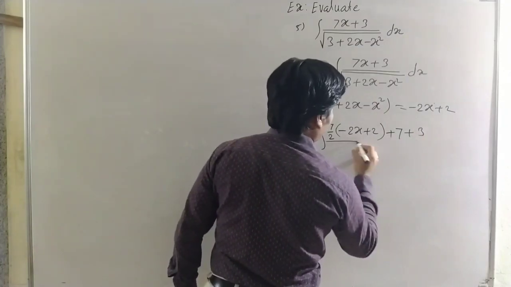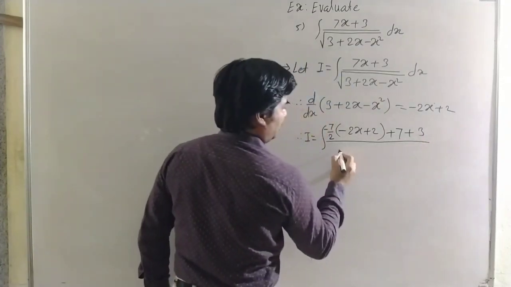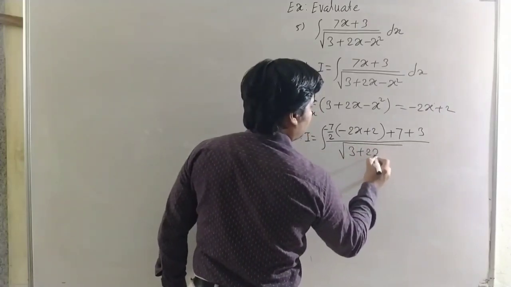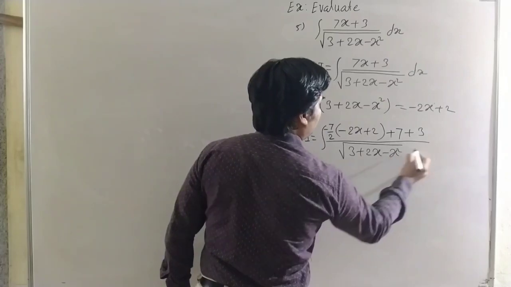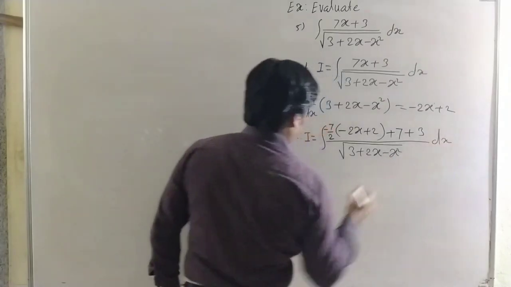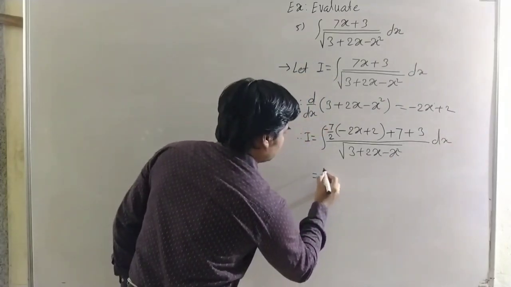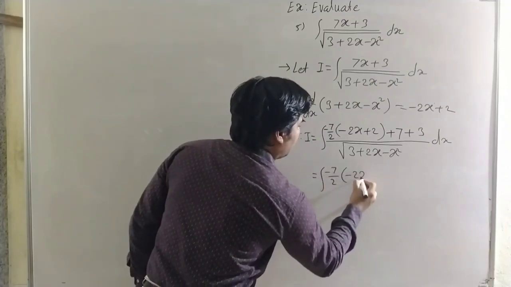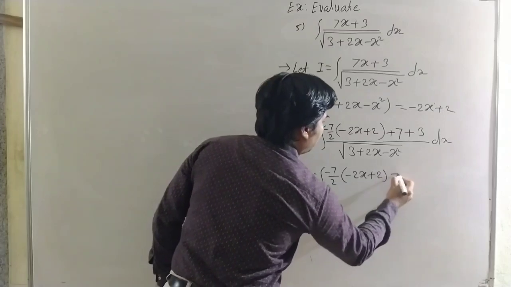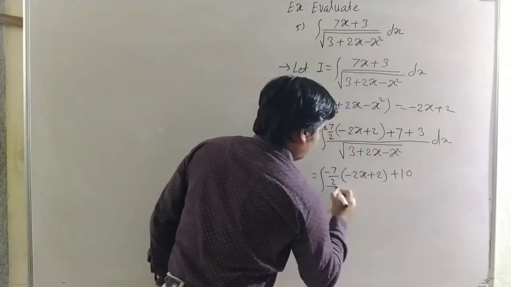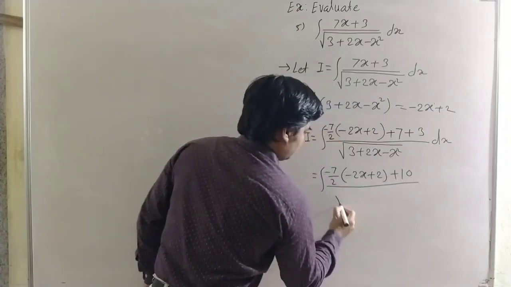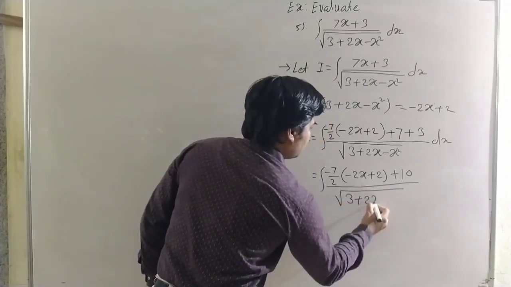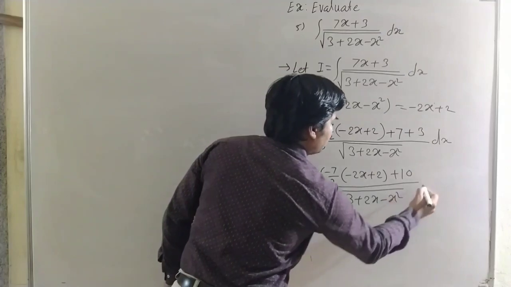See carefully. Integral of 1 upon under root 3 plus 2x minus x square dx. Now, integral of minus 7 by 2 into minus 2x plus 2, and plus 10, whole upon under root 3 plus 2x minus x square dx.